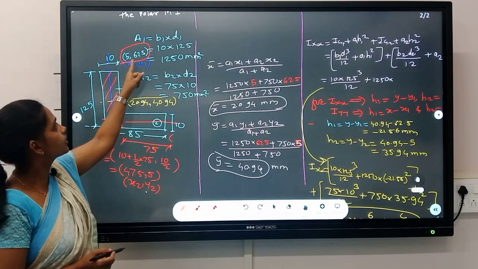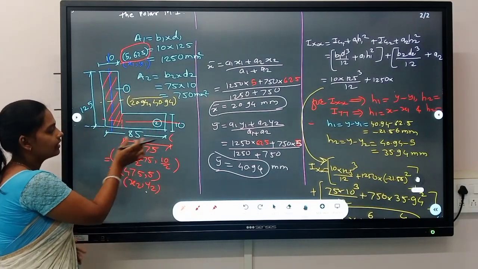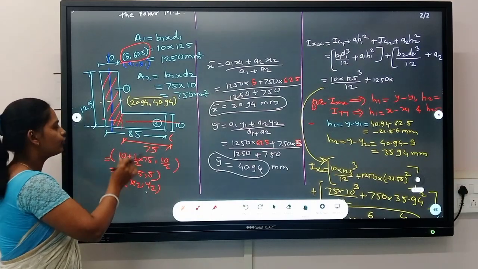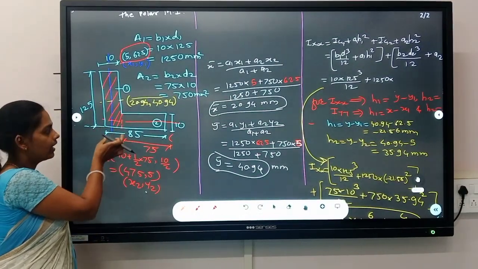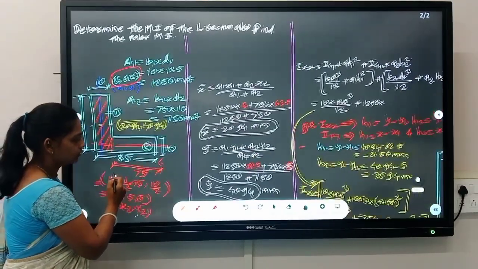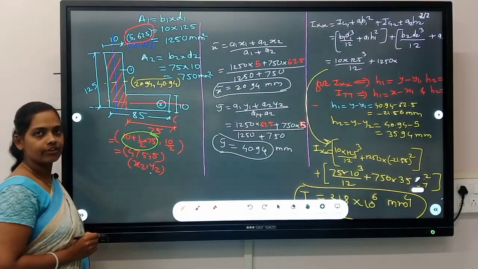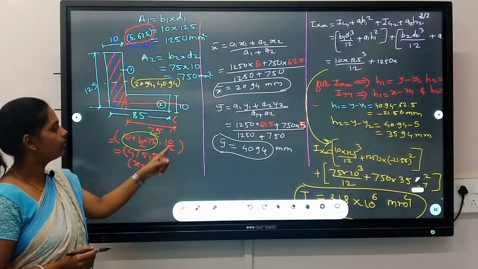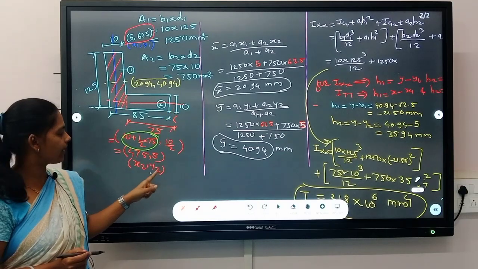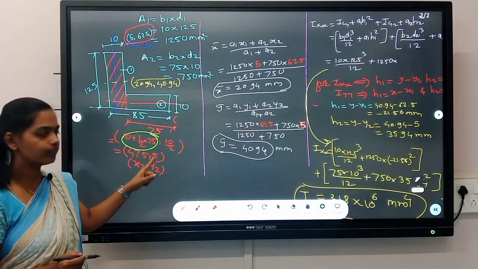So it becomes 62.5. For this rectangle it is half of 75, but we want with respect to this y-axis. That's why 10 plus half of 75, and this y will obviously be half of 10. So it becomes 5. So x2 comma y2 coordinates will become 47.5 comma 5.